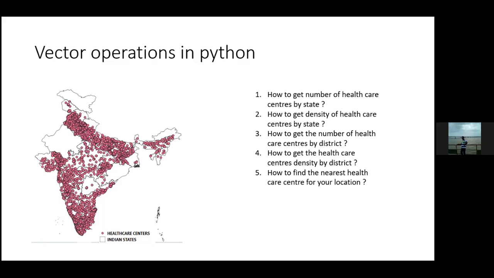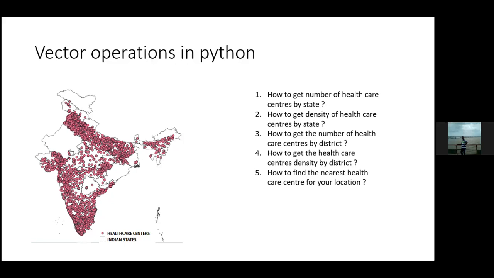We can easily convert CSV format into shapefile format in the GIS. For example, if I have healthcare center information by state in CSV format and I want to get it for India, then all the time I have to open Excel sheets and combine all these Excel sheets one by one.